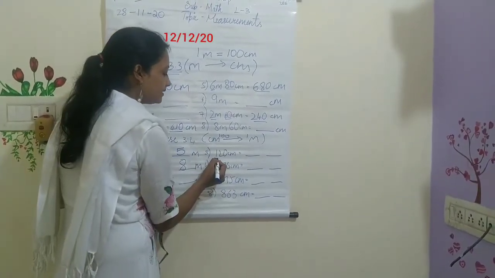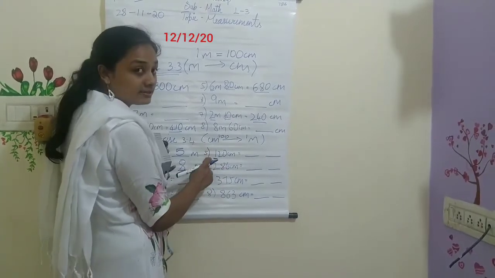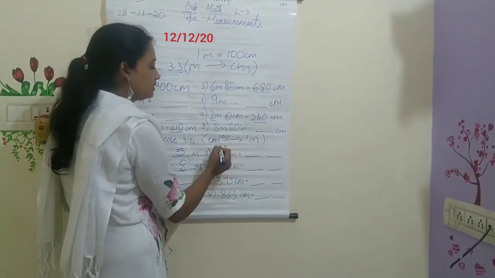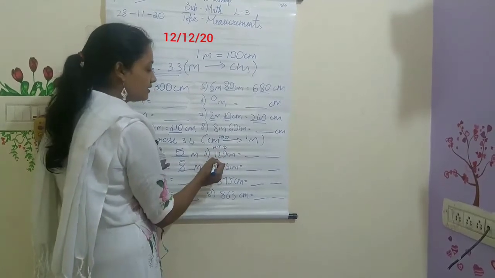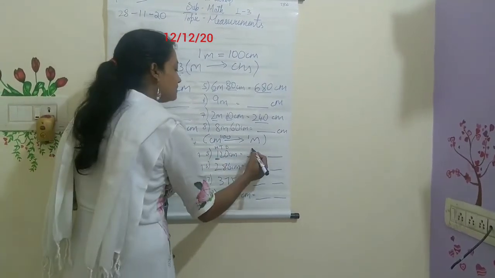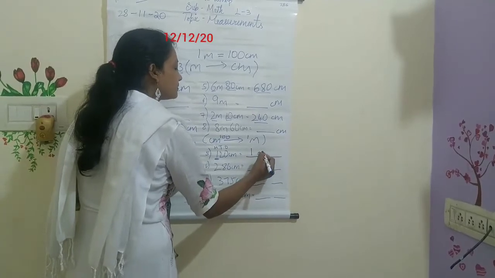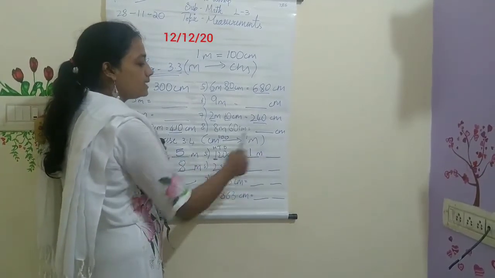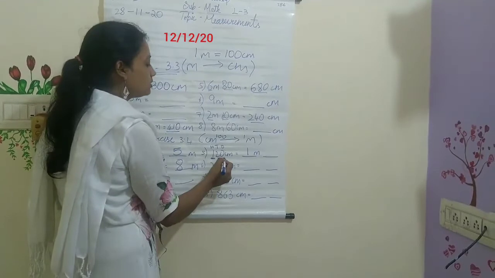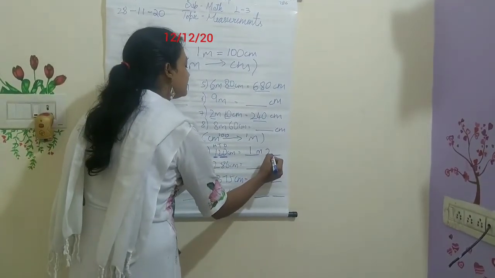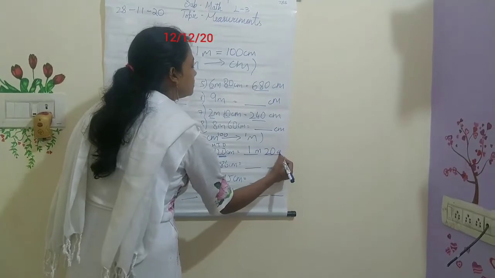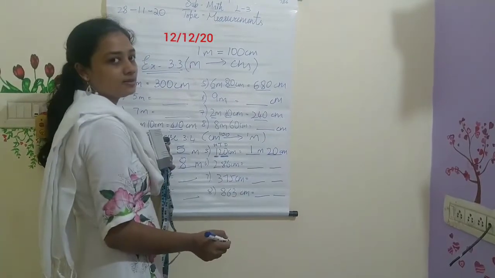I write 100 number which is in hundreds place. You know this is ones, tens, hundreds. The number which is in hundreds place, that will be my meter. So 1 meter. Now what about these two numbers? That will be my centimeter. 20 centimeter.